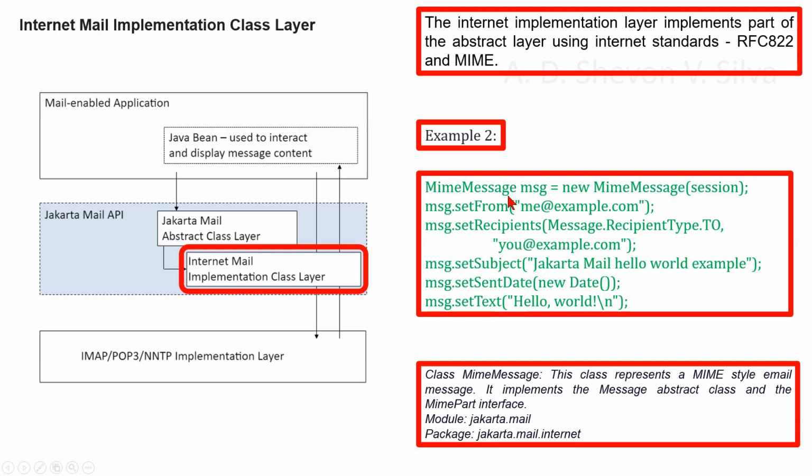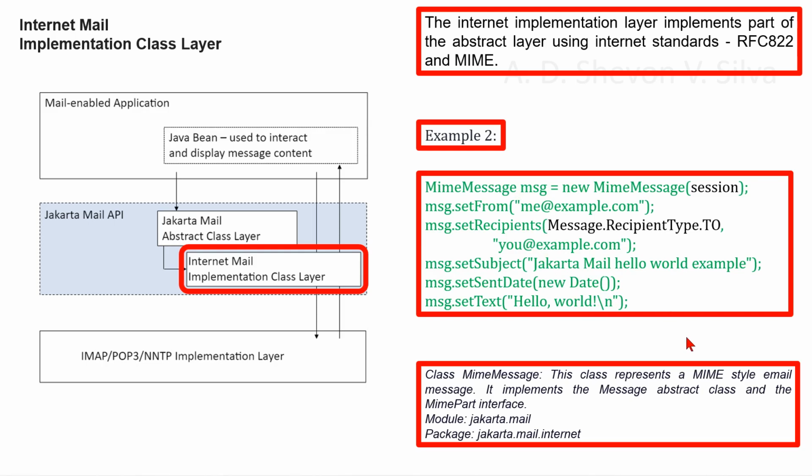This is in the module jakarta.mail and this is in the package jakarta.mail.internet. Here in green color you can see the segments mainly related to the internet mail implementation class layer.